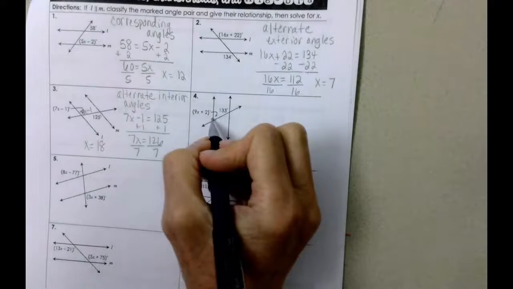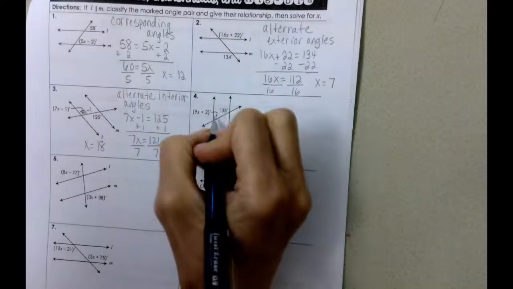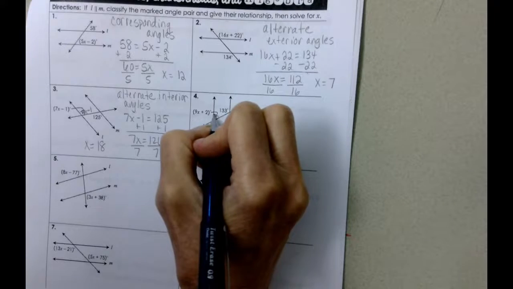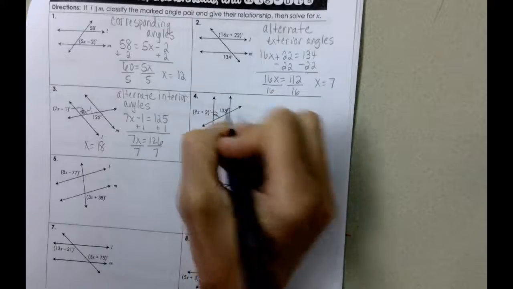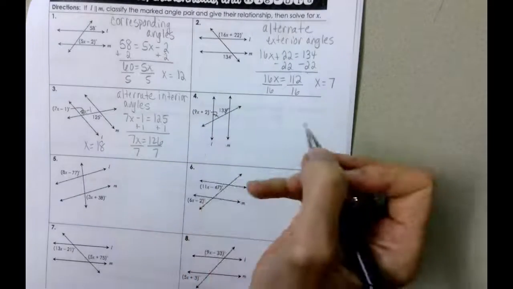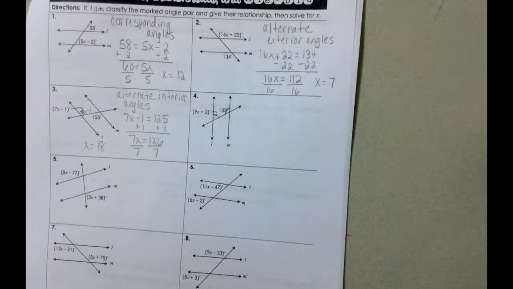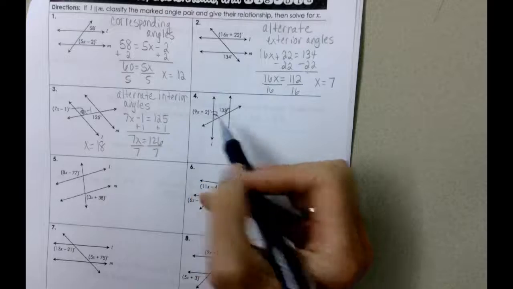So once again, we need to look real close at what angles we're looking at and try to do a little bit better job than I did on 3. But 9x plus 2 is here, and 133 is here. They are both in between the parallel lines, so they're going to be interior. But if you notice, they are on the same side.